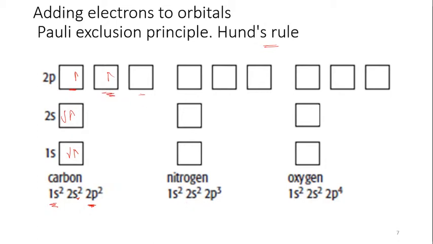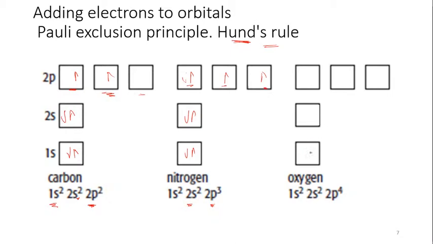Something like nitrogen, in that case I will fill the first one completely, and the second orbital 2s is also completely filled. As for the 2p, the 3 electrons will be separated in 3 orbitals according to Hund's rule. So no electron pairing. I cannot put 2 electrons here because I have to half fill all orbitals first.